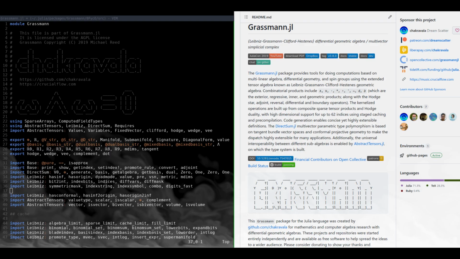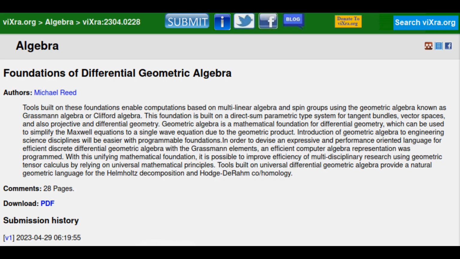What that leads to is the design of the computational language that I ended up with, and I put into my code repository on GitHub, Grassmann.jl, and I've now written a paper about it and included a bunch of the theorems, and some of the information discussed in this presentation is all included in the paper about the foundations of differential geometric algebra.